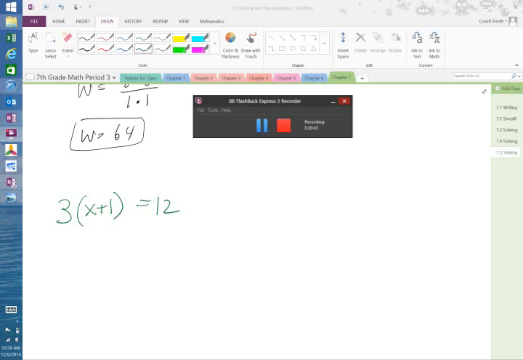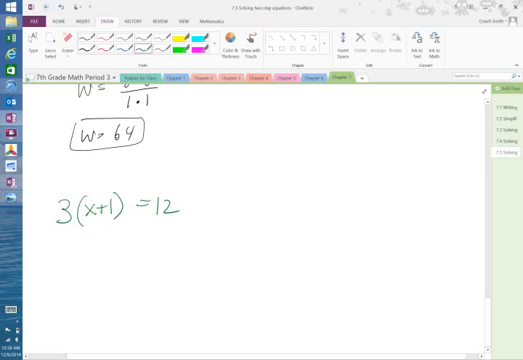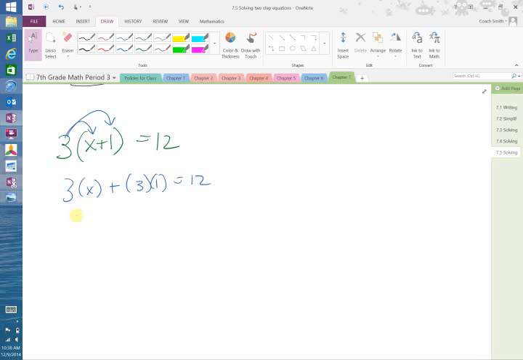Okay, listen up. 2 ways to do this problem. Okay? The first way is to use the distributive property and distribute the 3 to both things inside the parentheses. So that would give me 3 times x plus 3 times 1 equals 12. Okay, so that would be 3x plus 3 equal 12.